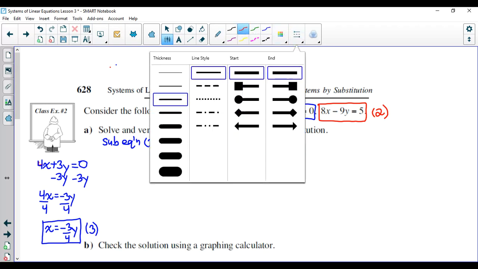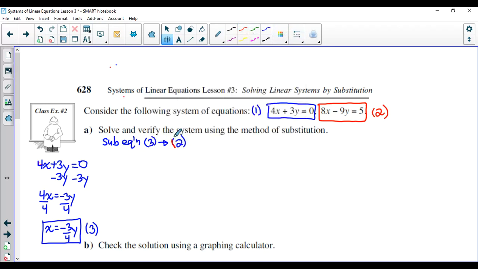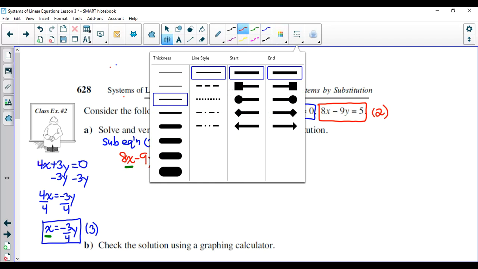Rewriting equation 2, it would be 8x minus 9y is equal to 5. And what I want to do is take this equation for x and sub it in here. Let's see what that looks like.